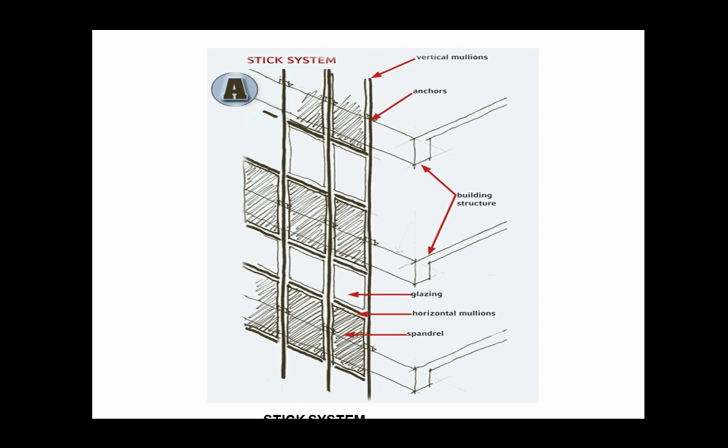Right, so this is the stick system of erecting glass. And you can see you have both horizontal and vertical mullions. So you're basically building this like a checker pattern. Right? Fitting each panel at a time.